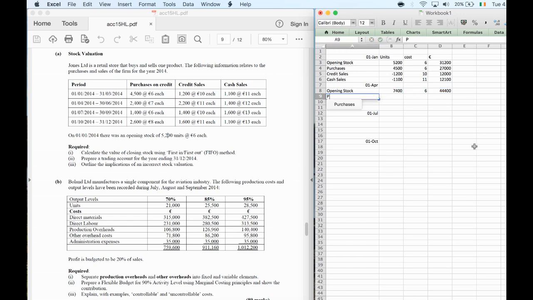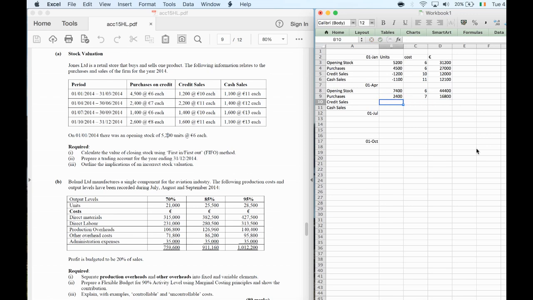So then we have our purchases, our credit sales and our cash sales. So we bought 2.4 and we bought them for €7 each. So this is going to make our closing stock a little more complicated later on.